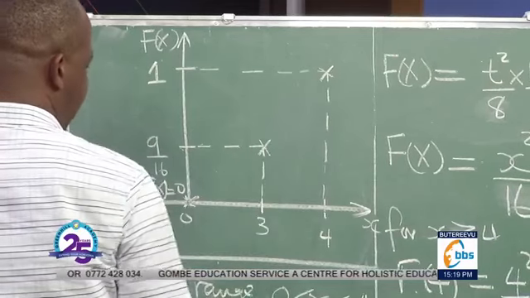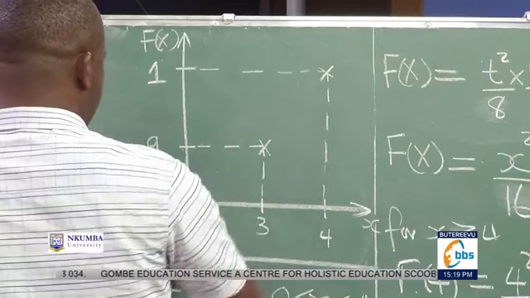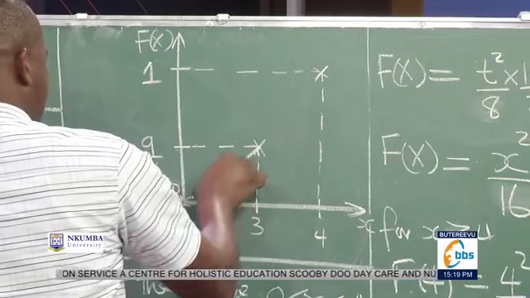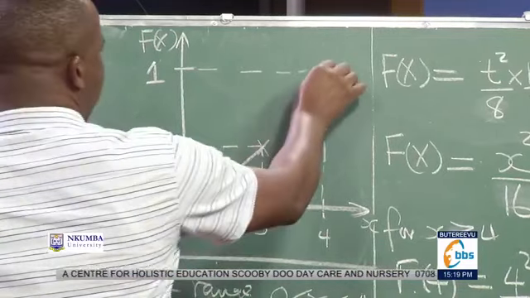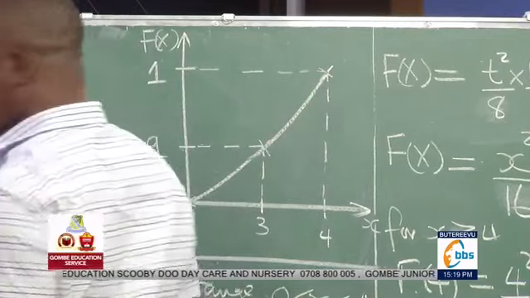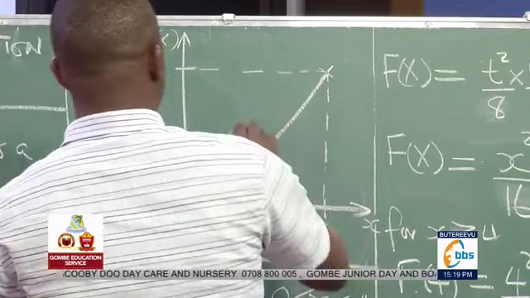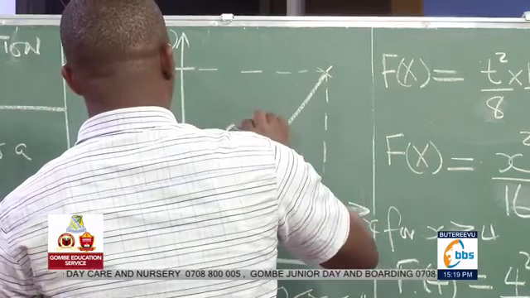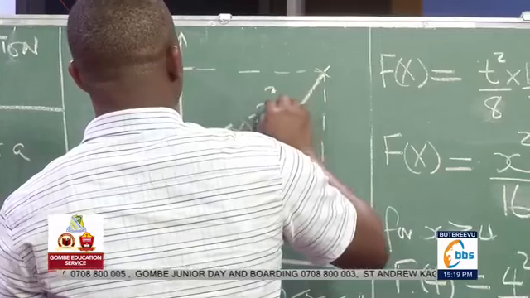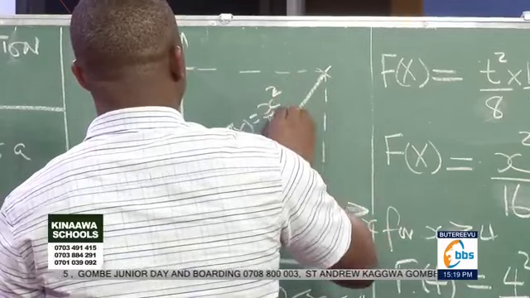From here, between 0 and 3, I will connect this, and then I will connect that. So between 0 and 3, the whole of this is my f of x being equal to x squared out of 16.